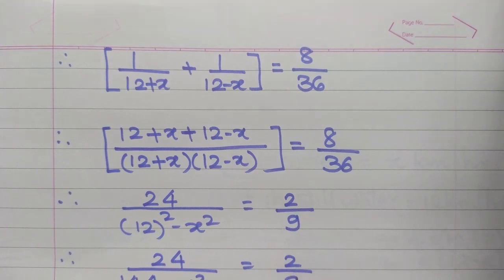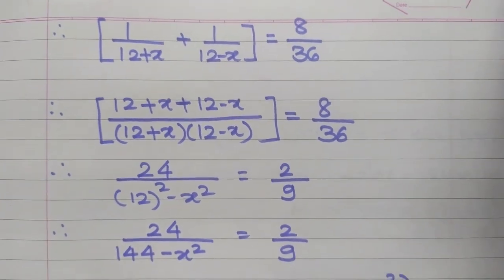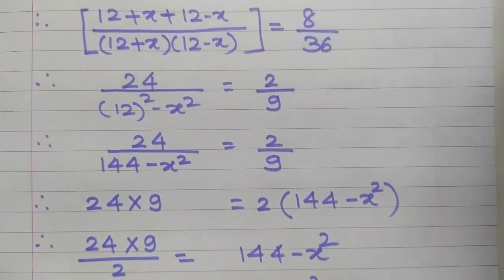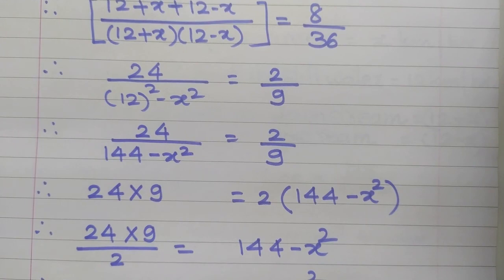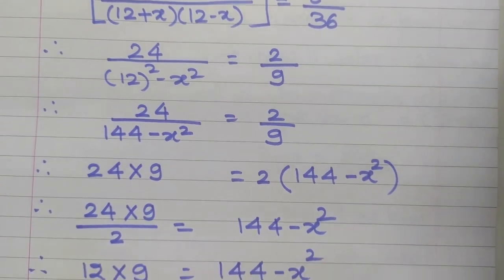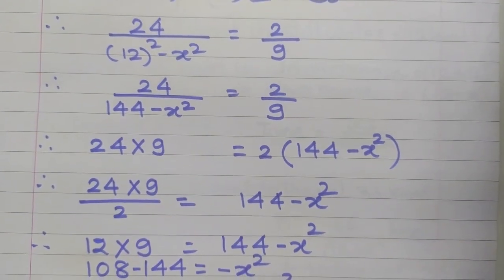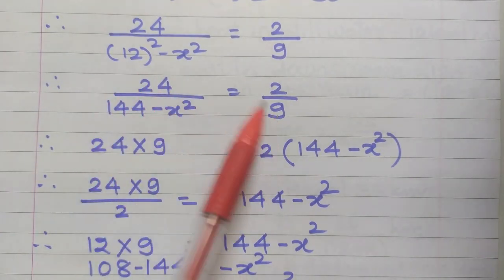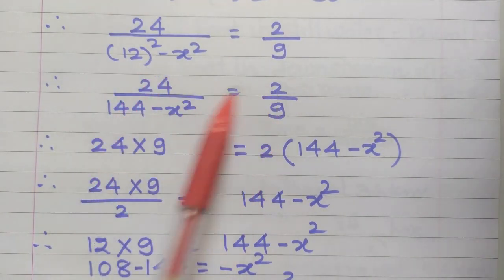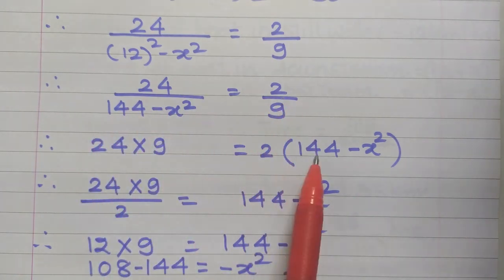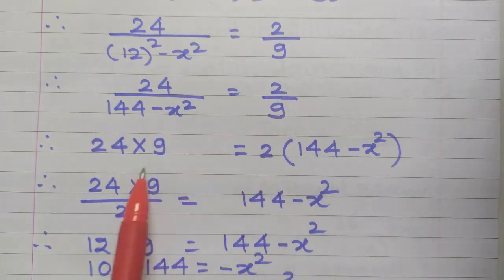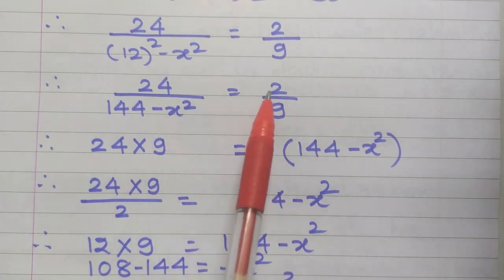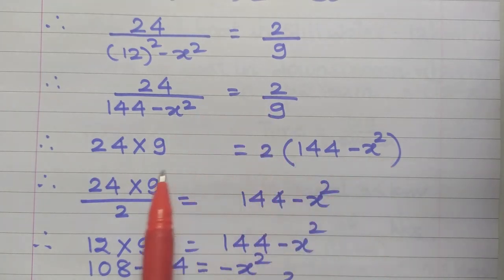Taking cross multiplication, here we are. So it will be 24 into 9 is equal to 2 into 144 minus x square.